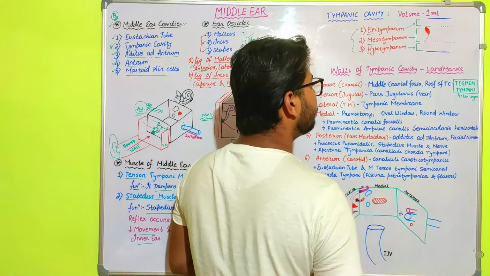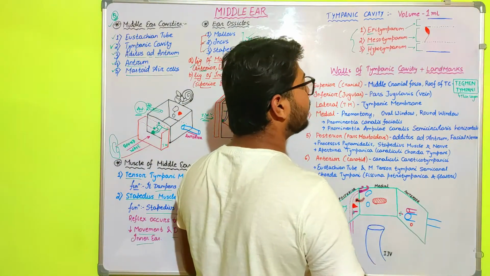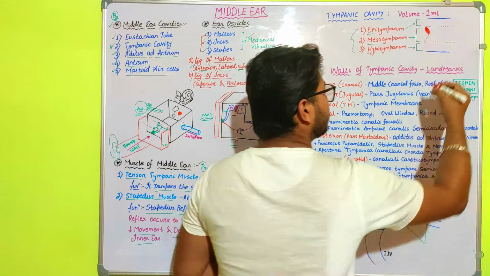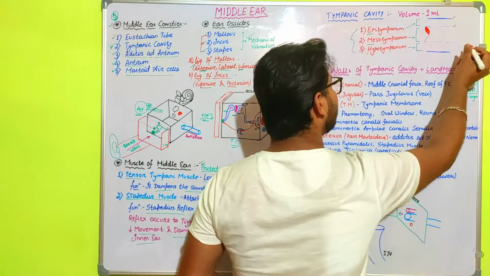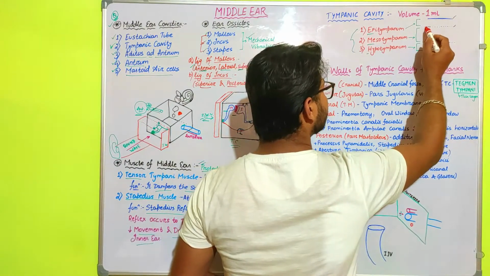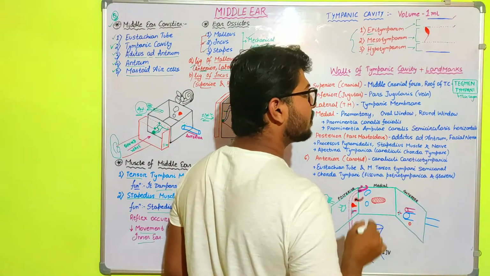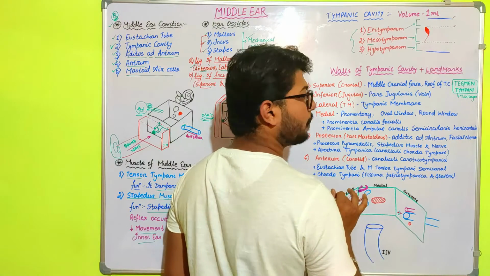The epitympanum is a region that is limited between the superior tympanic wall and the line that starts from the superior end of the pars flaccida of the tympanic membrane.